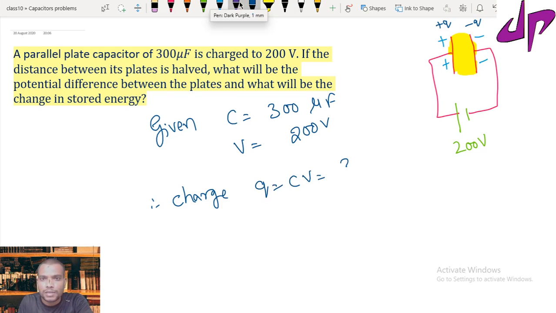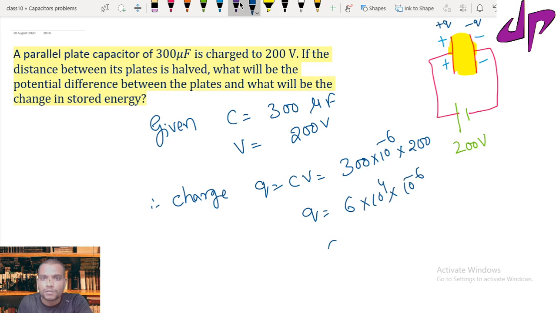Substituting, Q equals 300 times 10 power minus 6 times 200, so Q equals 6 times 10 power 4 times 10 power minus 6. So charge Q equals 6 times 10 power minus 2 coulomb. That is the charge on the capacitor plates.